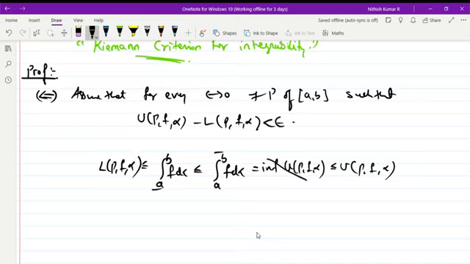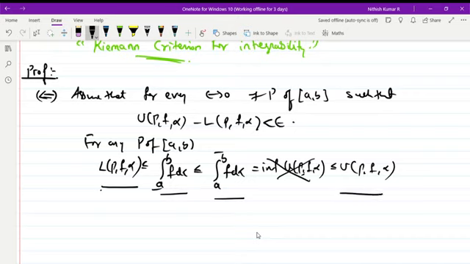So for any partition P of the closed interval [a, b], we have L(P, f, alpha) is less than or equal to the lower Riemann-Stieltjes integral, which is less than or equal to the upper Riemann-Stieltjes integral, which is less than or equal to U(P, f, alpha). Let's name this as star.